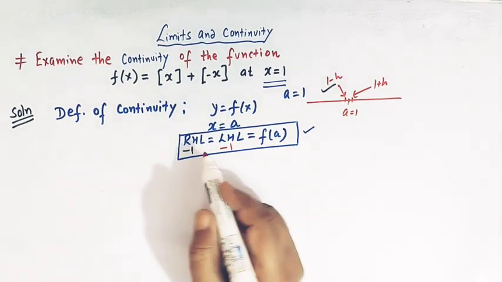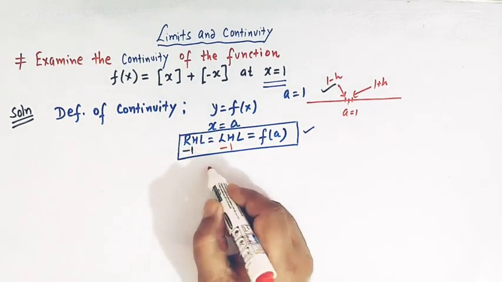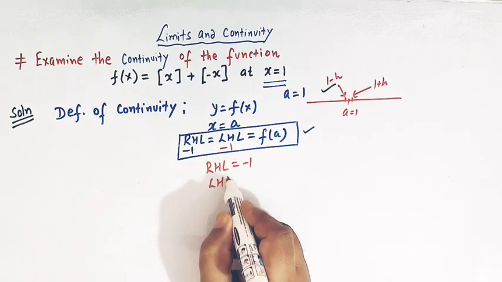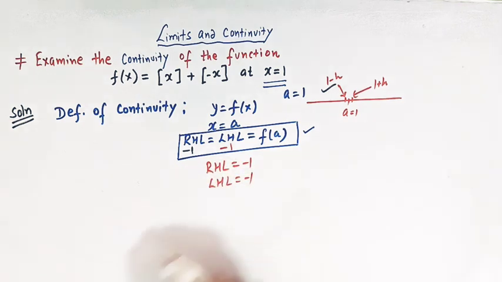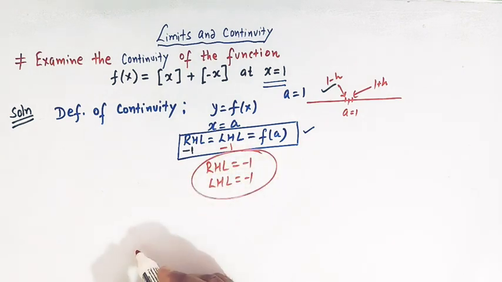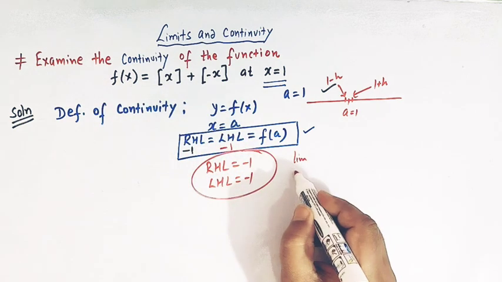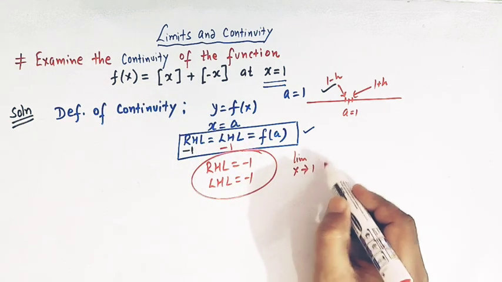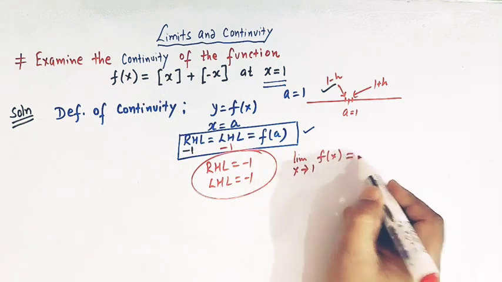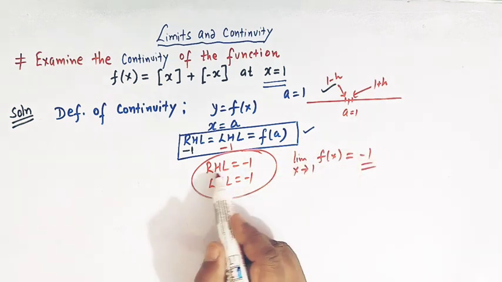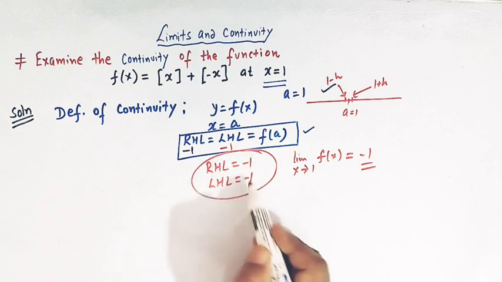So viewers, the right hand limit is equal to minus 1 and the left hand limit is equal to minus 1, and both the limits are equal. So the limit of this function when x tends to 1 exists, and its value is minus 1, because both limits are finite and equal.